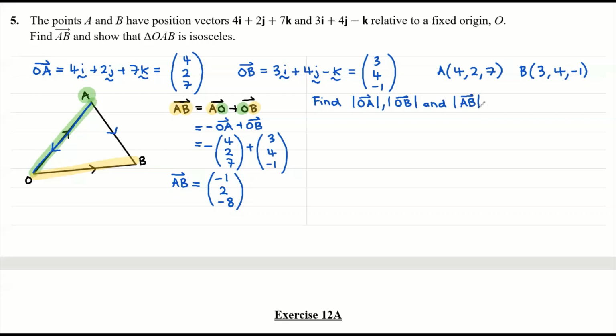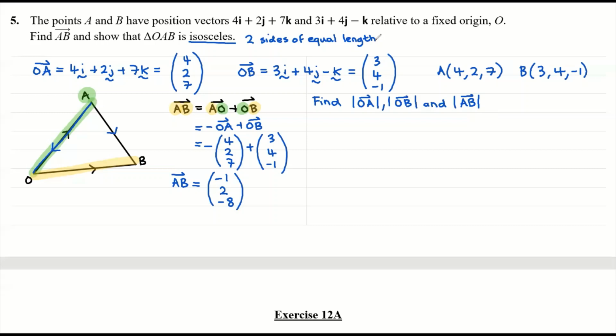And once we've done that, we should have two the same. Remember, isosceles means that we've got two sides of equal length. Only two. Remember, if it's all three, that's equilateral. If it's none, then it's scalene.